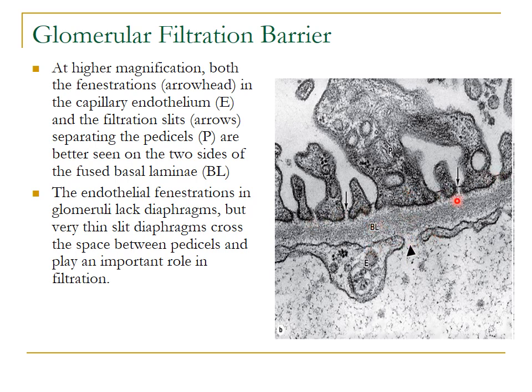So this is the fused basal lamina. The endothelial fenestrations in glomeruli lack the diaphragms, but very thin slit diaphragms cross the space between the pedicles, and they play an important role in the process of filtration.